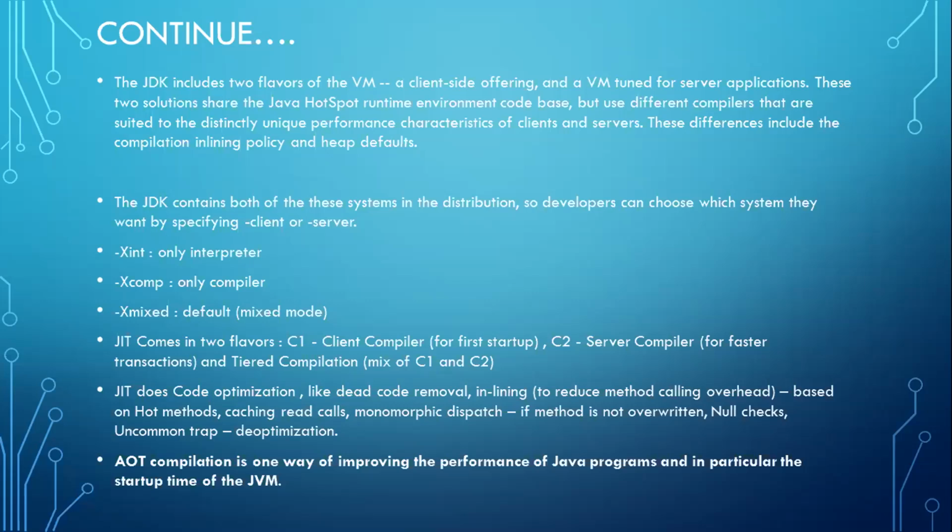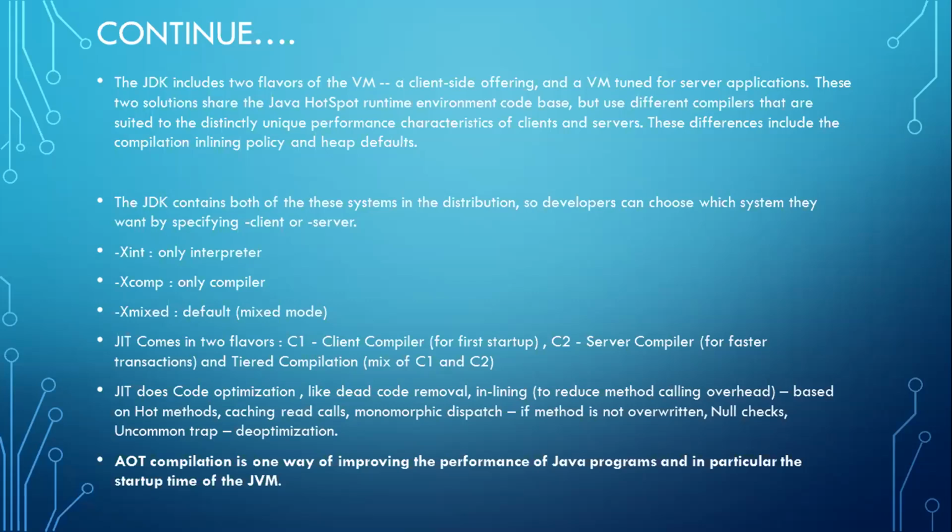So in those cases where you need a faster startup, you would use the client compiler. The C2 compiler, also known as the server compiler, is meant for those scenarios where you want to run your transactions faster. So the C2 compiler is mainly for transaction-based applications on the server side.